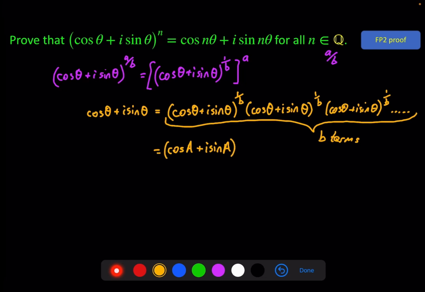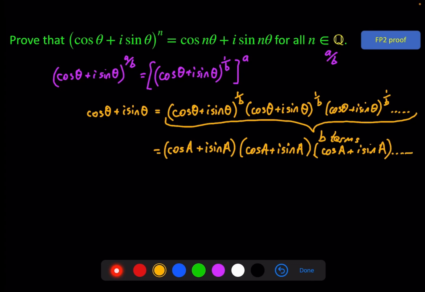So let's just call this cos a plus i sine a, and then another cos a plus i sine a, and we won't worry about adding on the plus 2k pi, but of course that would be in there. As many as we need of these to make b lots of them.